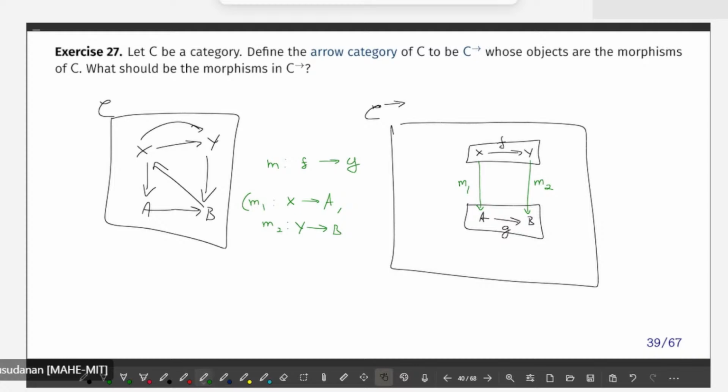Here I've denoted it such that the square commutes. Okay, those will be morphisms.